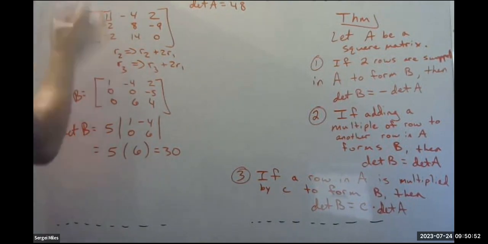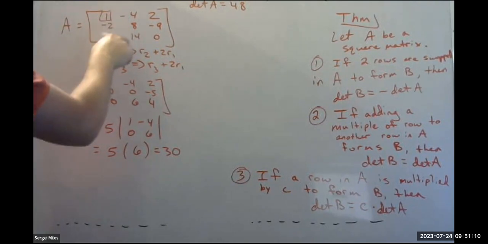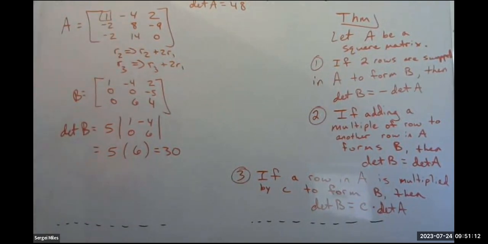First of all, this was the original matrix. We were doing row operations. 2 times row 1, so that's 0. -4 times 2 is -8, 0. 2 times 2 is 4. When we add -5 and 2, 0. I add -8, that gives me 6.